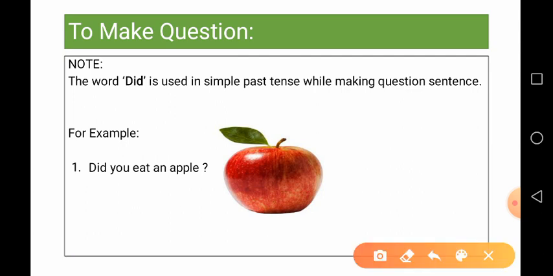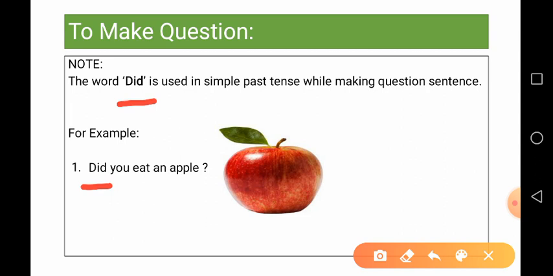What is did? We use did in the simple past tense while making a question sentence. Here is an example. Watch it. What is it? See. Did you eat an apple? Did is the verb form in simple past tense.